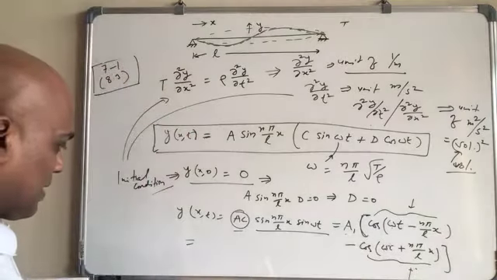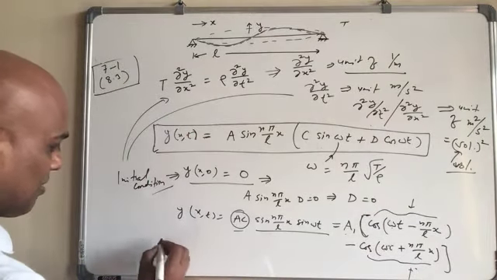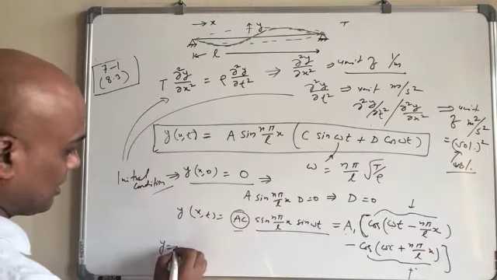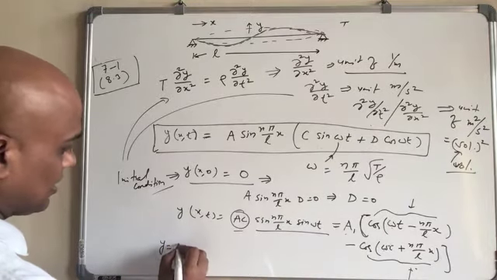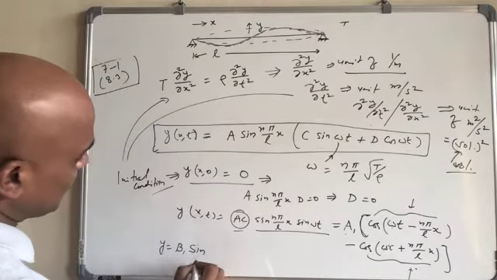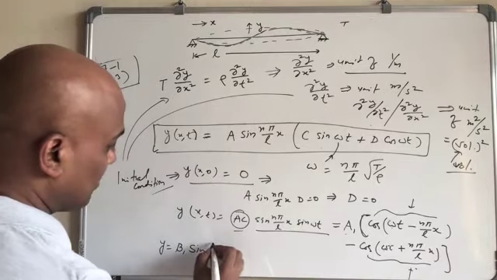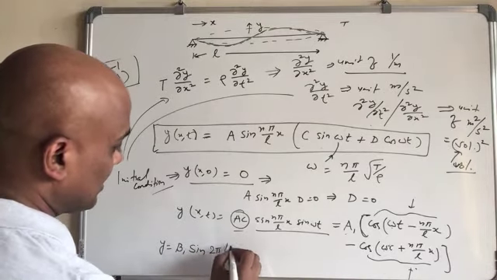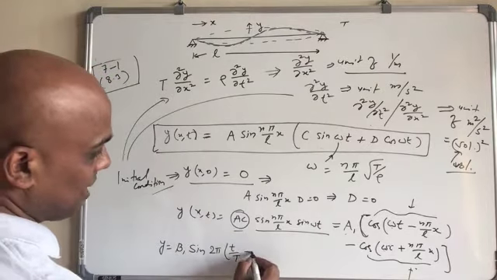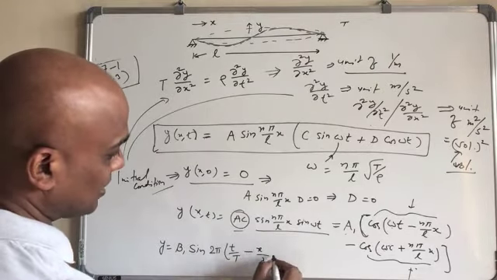So remember the wave equation will typically be like this. Let's call it B1, then sine, could be cosine also, of 2 pi t over big T minus x over lambda, right?